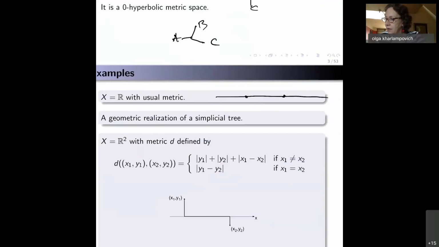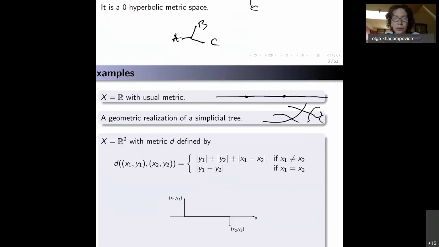What I mean here is, let's draw a simplicial tree. If you talk about a simplicial tree, or a normal tree, then these are vertices. We have vertices and edges. The geometric realization is just a picture of the tree.